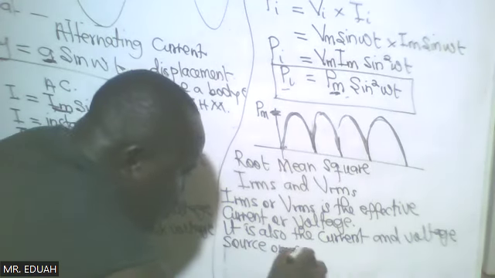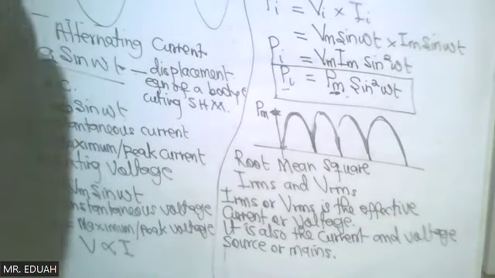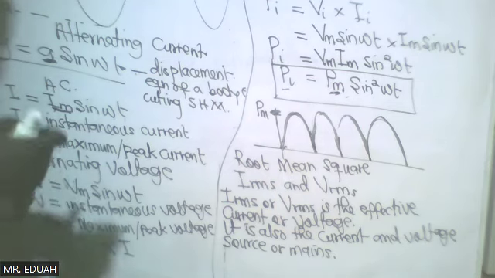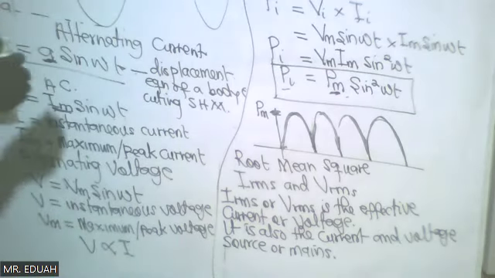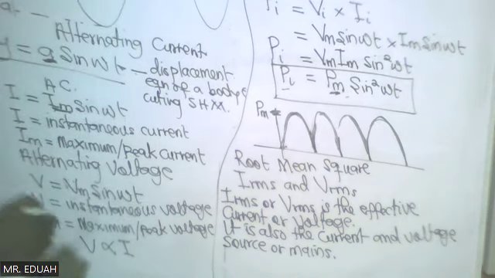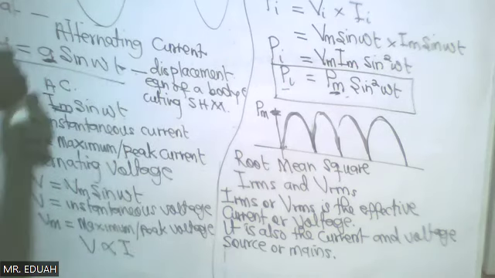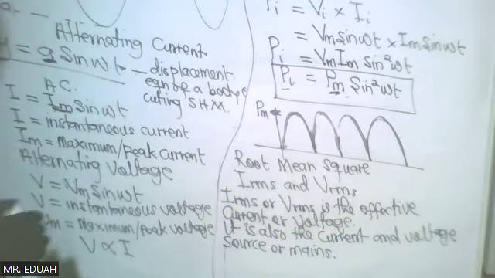So in questions, if you are given the source or the mains current and voltage, please do not forget that that is the RMS current or voltage. Okay. RMS current or voltage is the effective current or voltage, and it is also the source current or voltage.